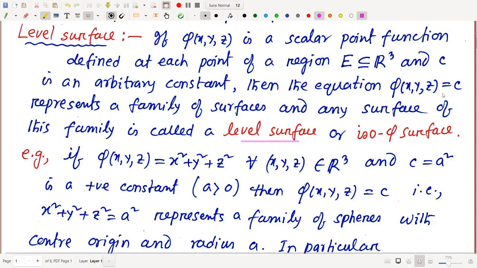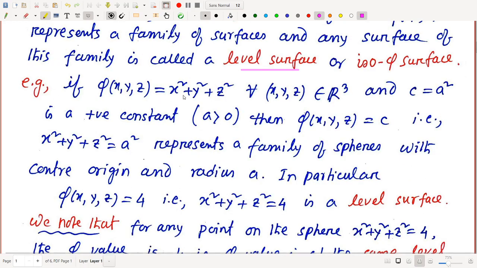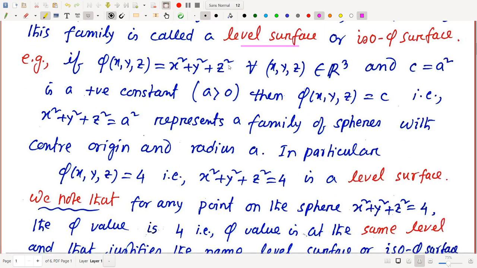Any surface of this family is called a level surface, or an iso-phi surface, you can say, meaning the phi value is iso, equal, identical, same. For example, if phi x, y, z equals x square plus y square plus z square for all x, y, z in R^3, and C equals a square, a positive constant, where we have taken a greater than 0, then phi x, y, z equal to C means x square plus y square plus z square equal to a square.